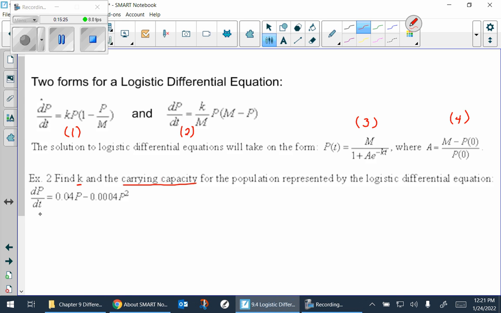Well, again, I'm presented with a differential equation, and is this of the form 1 or form 2 of this logistic differential equation? Well, I don't see the 1 minus. And so therefore, I'm thinking that this is situation 2.